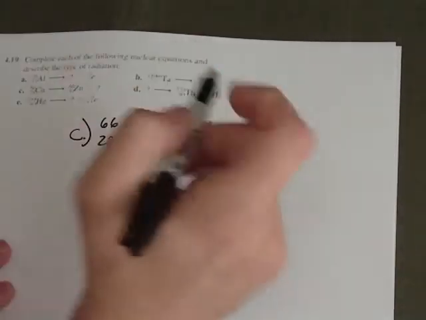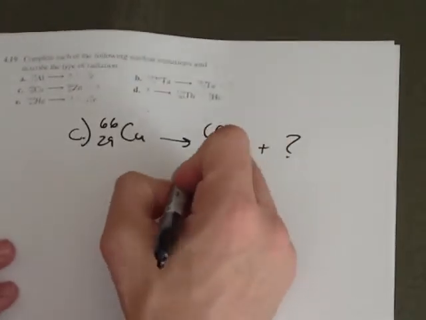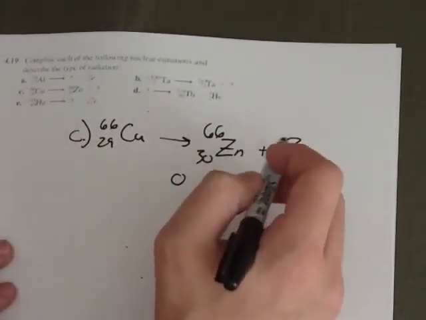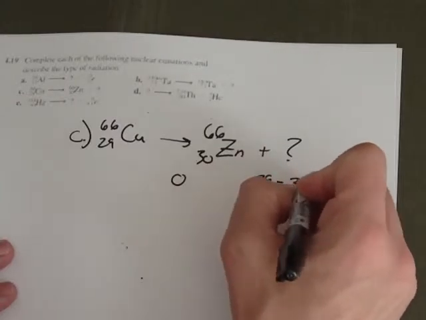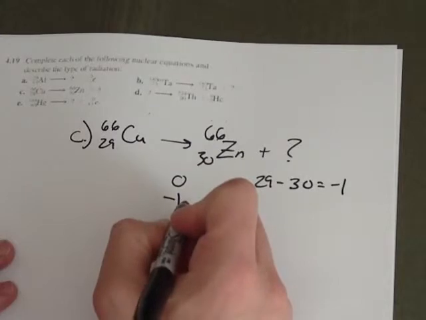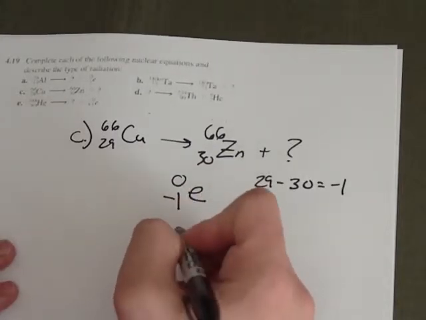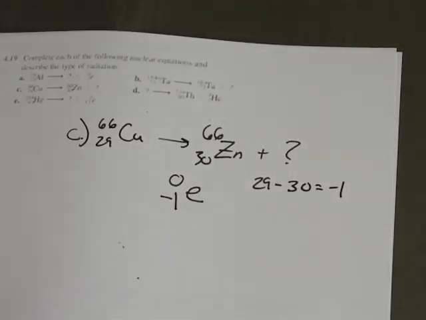We see the same number here, so the top is going to be a 0. Then 29 minus 30 is equal to negative 1. So minus 1, and that would be the symbol for the beta particle. So it is going to be beta decay for C.